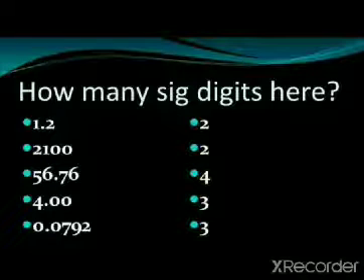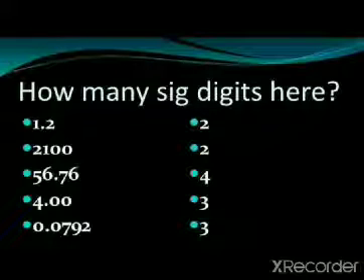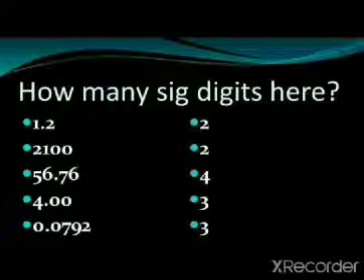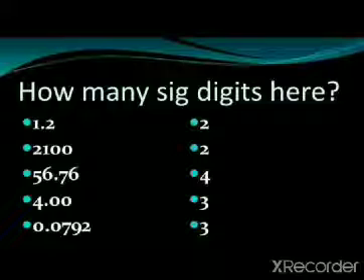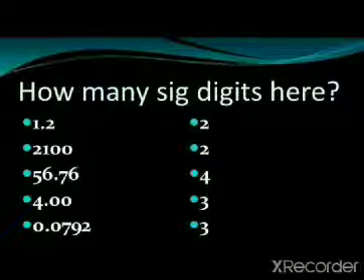How many significant figures are there in the following numbers? 1.2, 2100, 56.76, 4.00 and 0.0792. Consider the first number, 1.2. Both the digits 1 and 2 are non-zero digits. So both are significant.